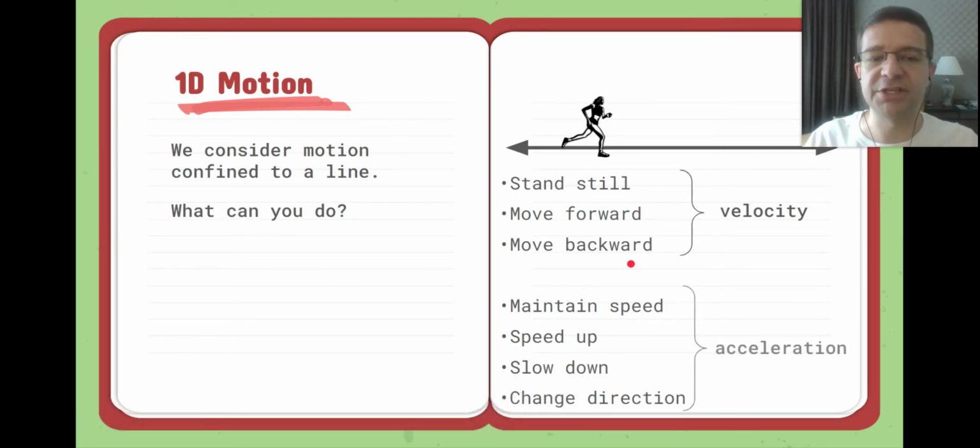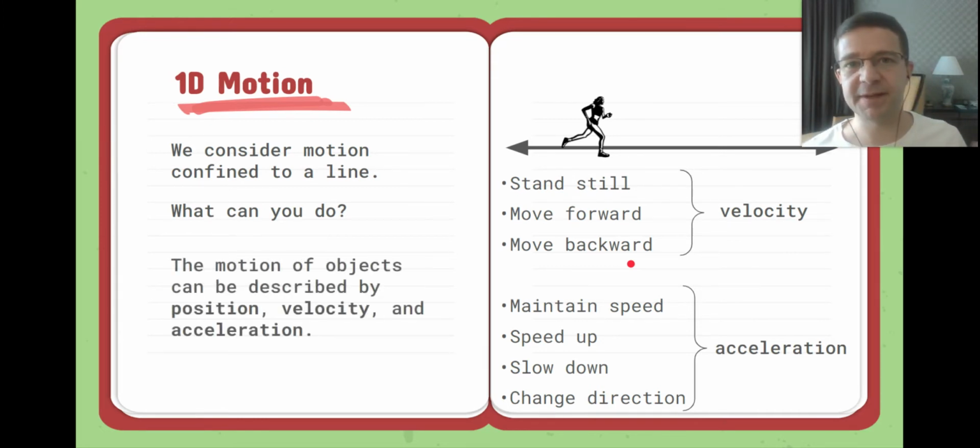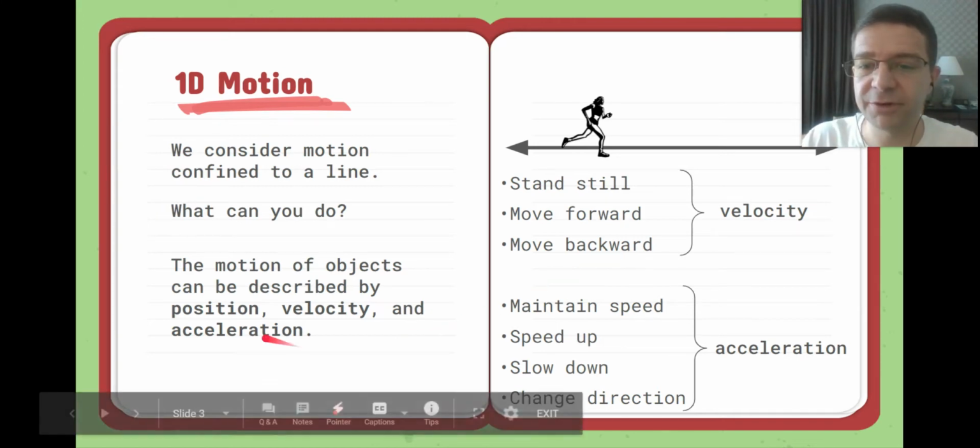And these are all terms that are associated with acceleration or a change in velocity. And in physics, especially in introductory physics, we're going to describe the motion of all objects in terms of the position, where you are, velocity, how your position is changing, and acceleration, how your velocity is changing. So those three words are our key words.